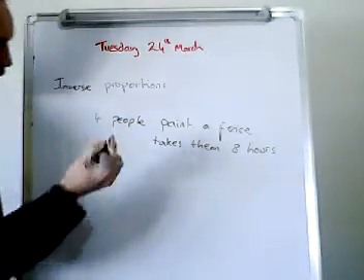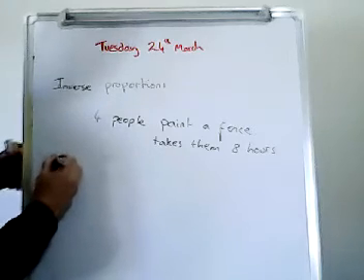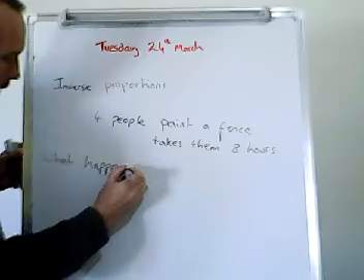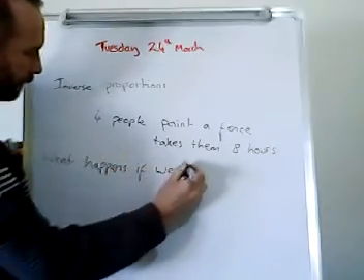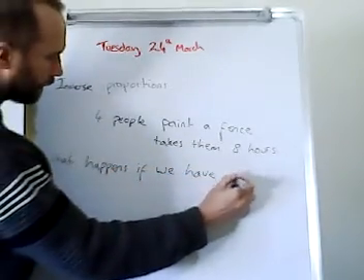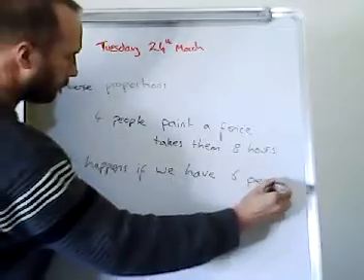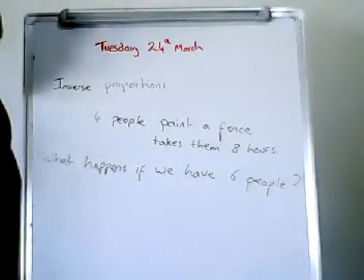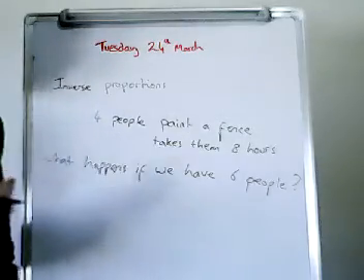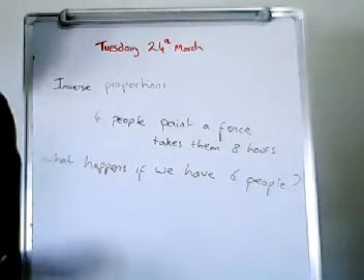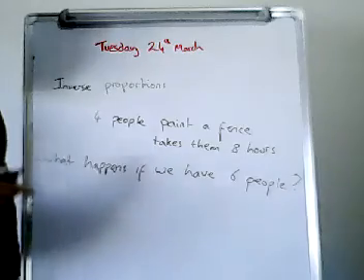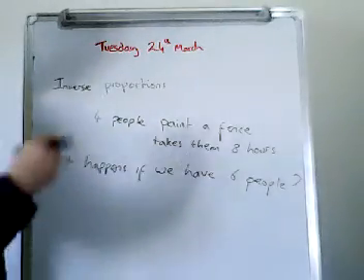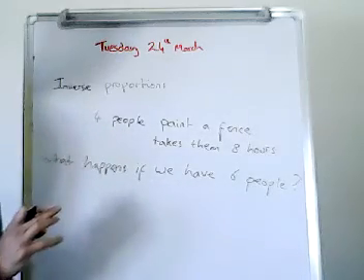Okay. What happens if we have 6 people paint the fence? Now then, what's the difference between direct proportion and inverse proportion? Well, with direct proportion, you see that the k, the constant that we talked about, is always either multiplied or divided.